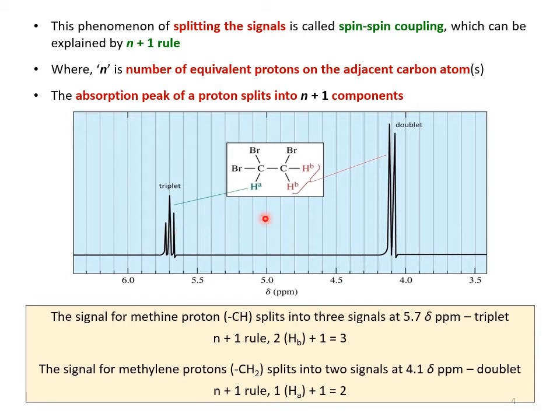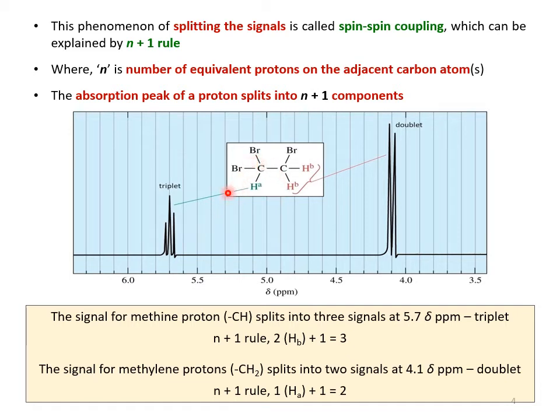Since the integration is 1:2, it indicates there may be a methine group and methylene group. And the third is we can identify the number of protons on the adjacent carbon atoms.